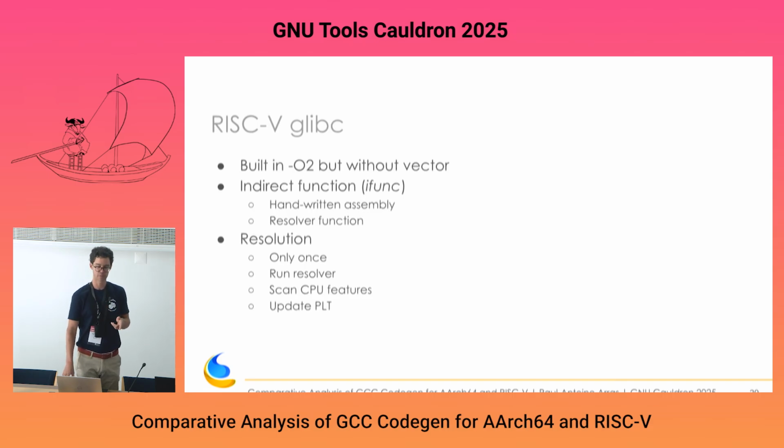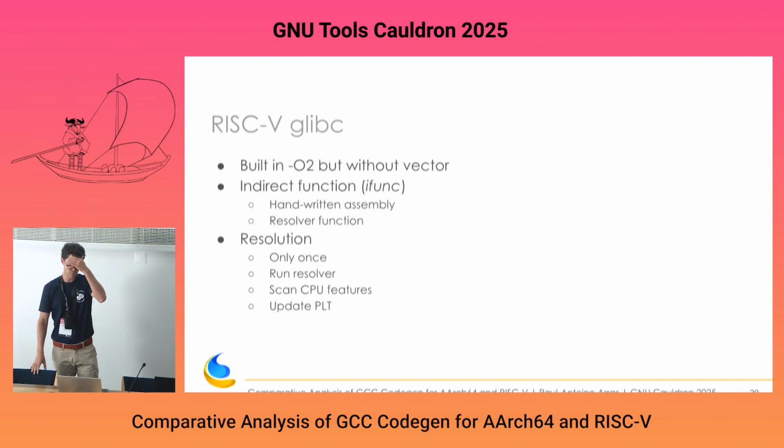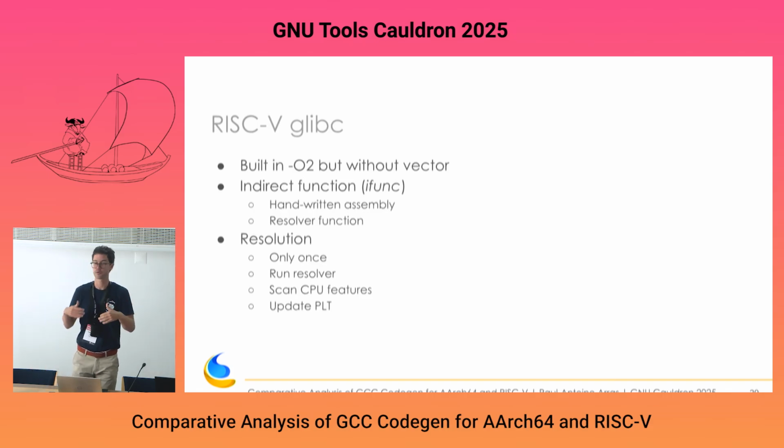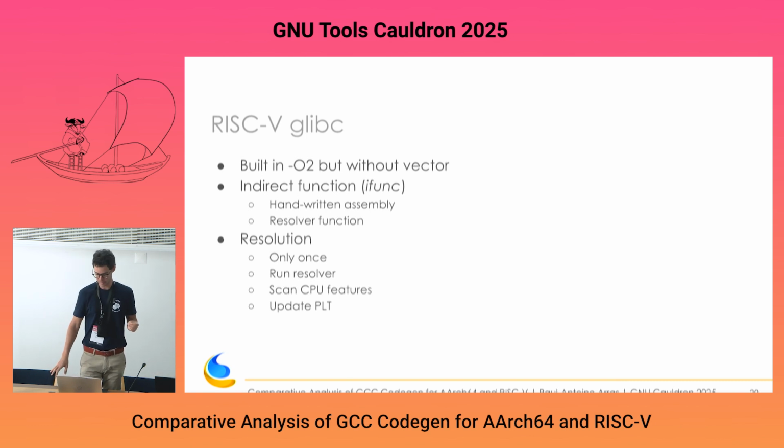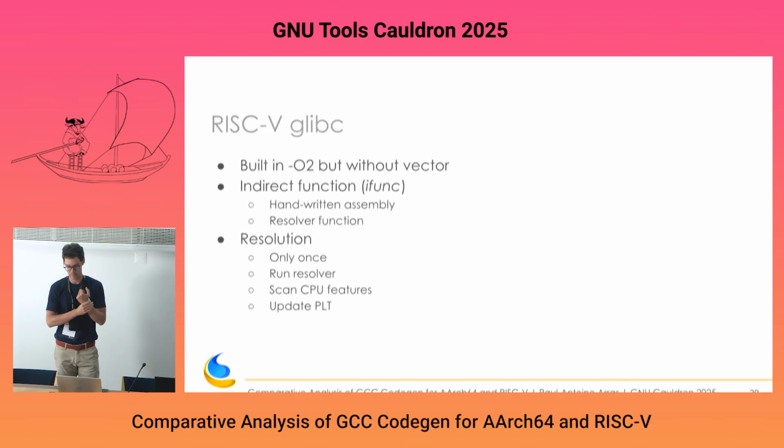Just a few words about how the resolution works. This resolver function is called only once, the very first time that you encounter a memset at runtime. It tries all the possibilities, so it checks dynamically the features that are supported by the CPU, and based on that, it calls the most optimized function for that variety of CPU.